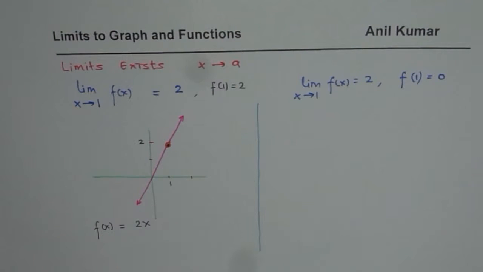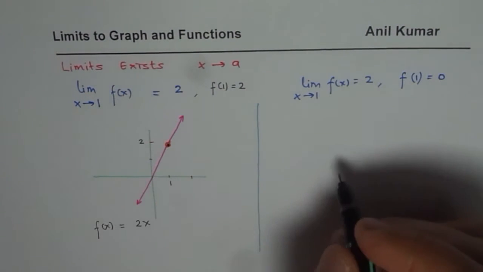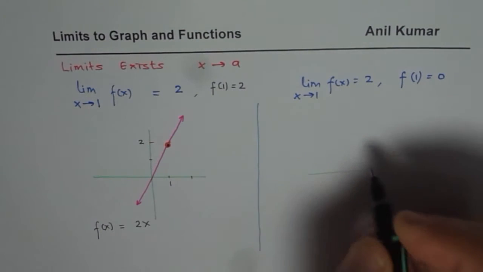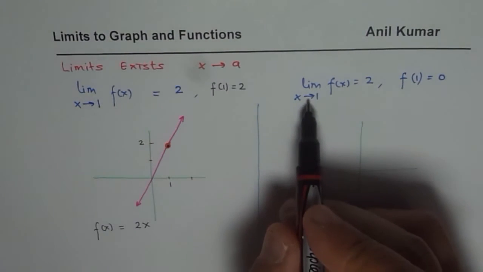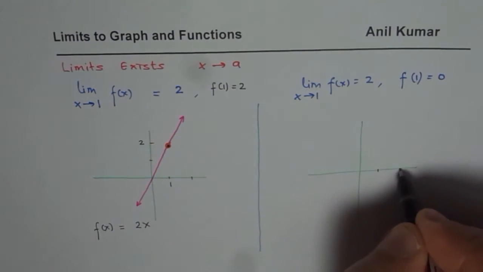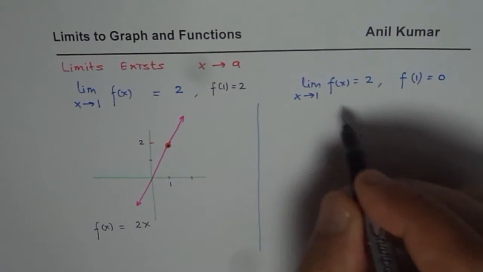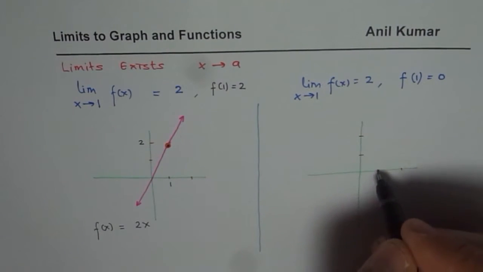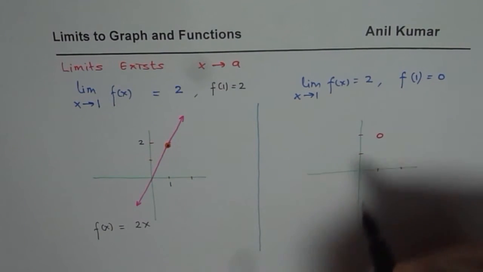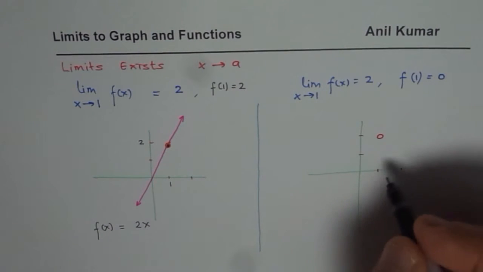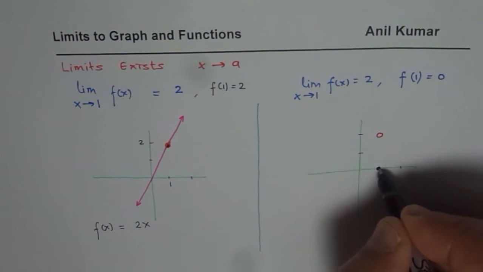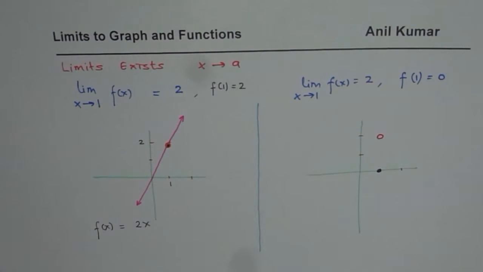In that case, we'll follow exactly the same procedure. Because the limit is 2 at 1, this is 1, 2 on our axes. As you approach 1, you're approaching a value 2, so I'll make a hole here. That's the first part. The second part is that the value of the function at 1 is actually 0, so we'll have a solid filled-in circle there. Do you get the point?